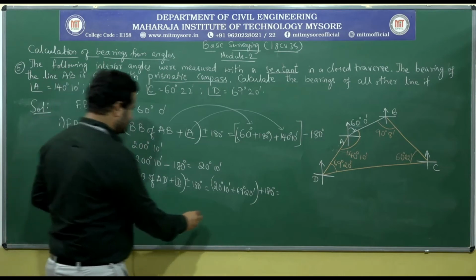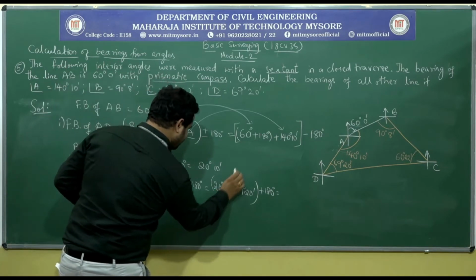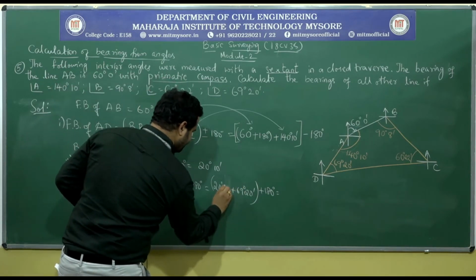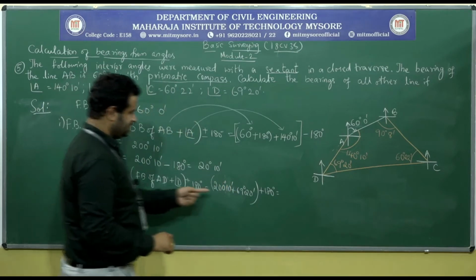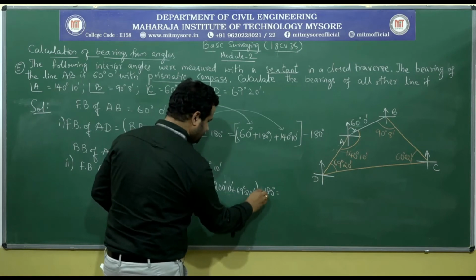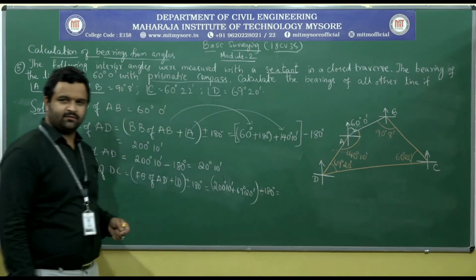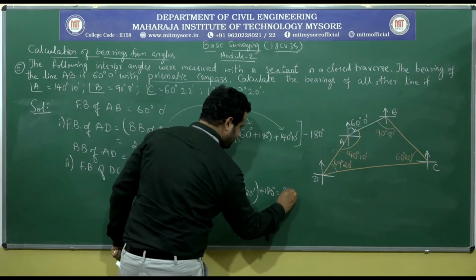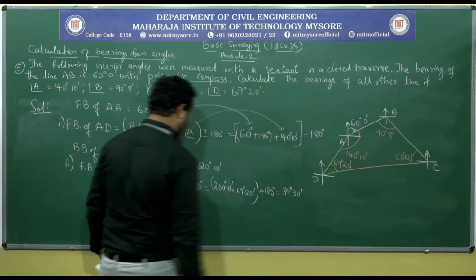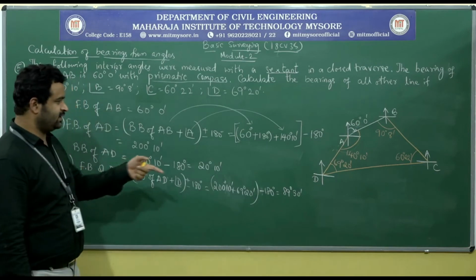So it is 200 degree 10 minutes. If this sum is more than 180, deduct 180 from it, and you will get 89 degree 30 minutes. So this is the forebearing of the line DC.